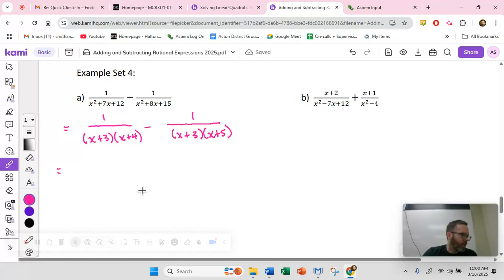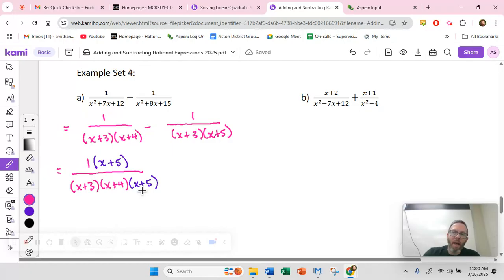I have the luxury of using some different colors. You can do what you like, but this one on the left needs an x plus 5. It needs to have it on the top too, so that everything stays equivalent. So we have x plus 3, x plus 4, x plus 5 as our common denominator.